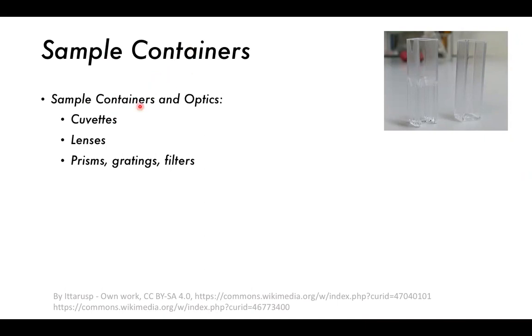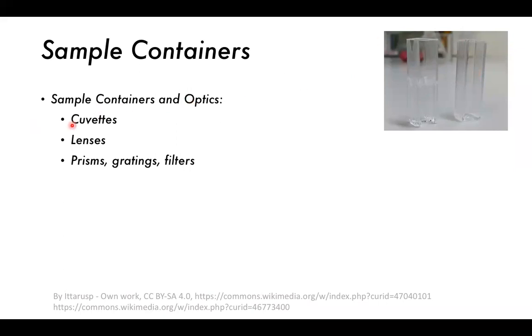The sample containers we typically come across look like this, and are called cuvettes. These look like plastic cuvettes. They can hold our sample. We can empty them out and reuse them again, so long as they haven't been destroyed by the presence of our analyte. They hopefully will be transparent over the range of the measurement that we're making.